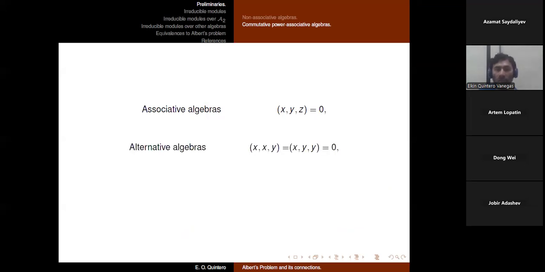If any 2 elements in an algebra span an associative algebra, we have an alternative algebra. And if every element in the algebra spans an associative algebra, we have the power-associative algebras. And in the case of commutativity, we have the identity in terms of the commutator.